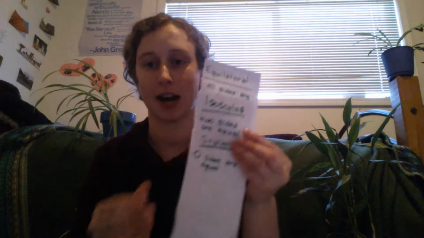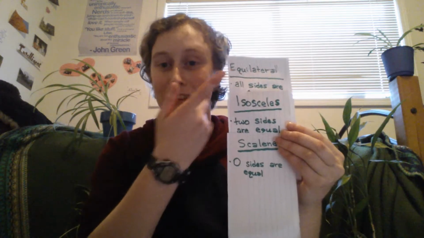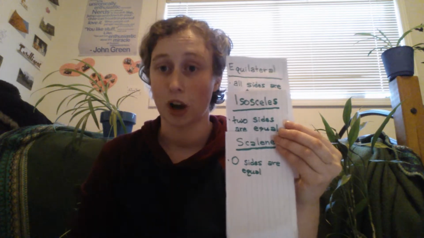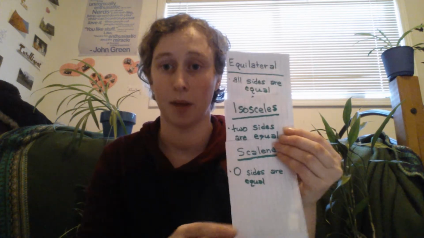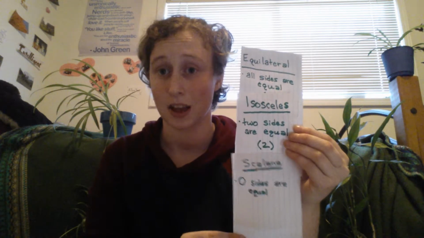As you can see here, I have three sheets of paper that would be much bigger if I was actually doing this with the class, that have the three different types of triangles and then some explanation that you would brainstorm as a class. What is different about a scalene triangle compared to an isosceles triangle? Then you're going to use rulers and your different triangular objects that you've found.